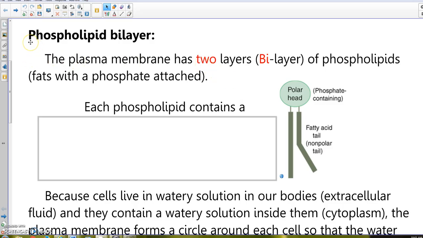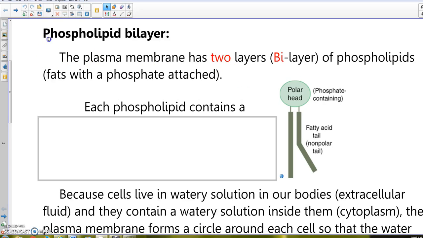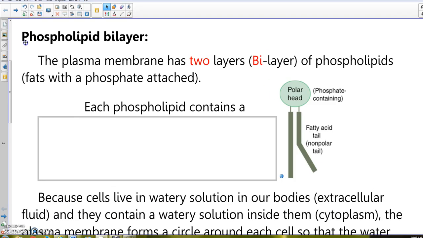The name tells us everything we need to know about this, really. Phospho refers to this phosphate head. There's a phosphate in this, there's actually a chemical molecule in here, but we just use this circle to represent that molecule. It's much more pleasing for a visual of what a phospholipid would look like.